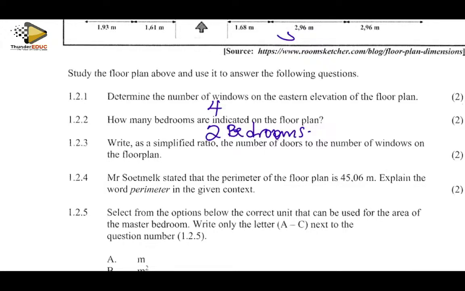All right, question number 1.2.4. Mr. Tomel stated that the perimeter of the floor plan is 45.06 meters. Explain the word perimeter in the given context.